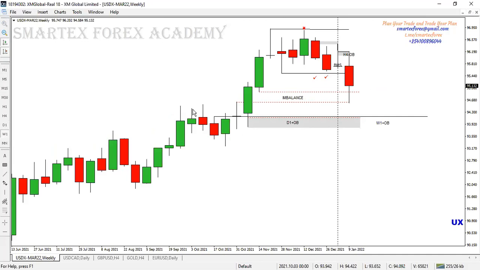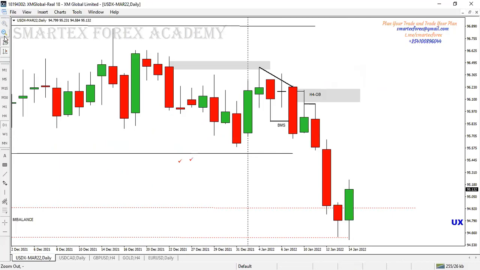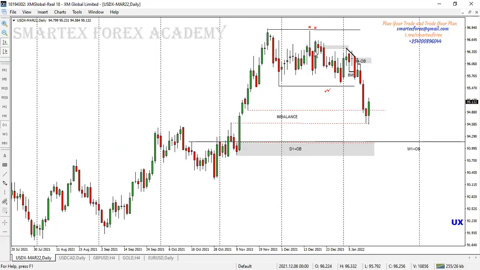From the analysis that we did last Sunday, we realized that the dollar was somehow bearish, from the consolidation that was from December. Yeah, this one. So from last week, we expected the price to break out of this consolidation downwards to seek internal liquidity before we proceed with the up move.